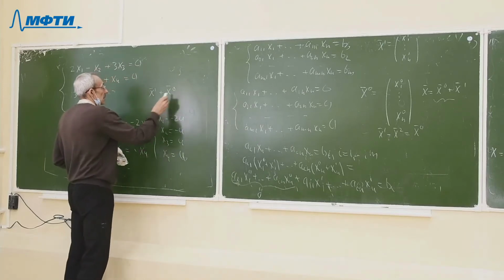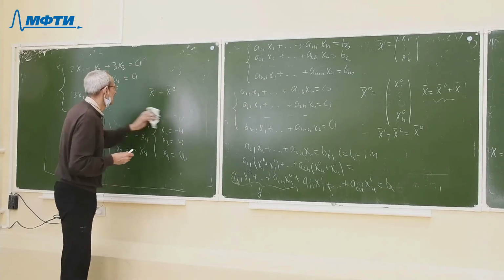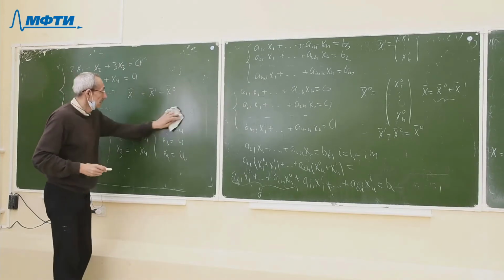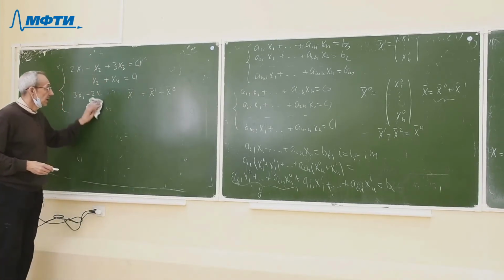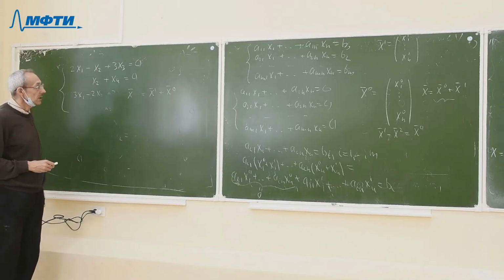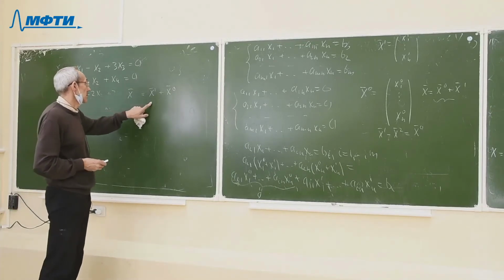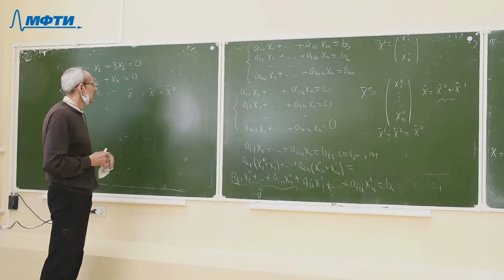From this fact we obtain that the general solution of a non-homogeneous system is the sum of a fixed solution of the non-homogeneous system and the general solution of the homogeneous system.